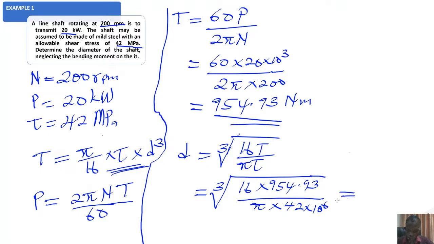If you compute that, we will have the diameter equal to 0.0487 meters, and that is equivalent to 48.7 millimeters.